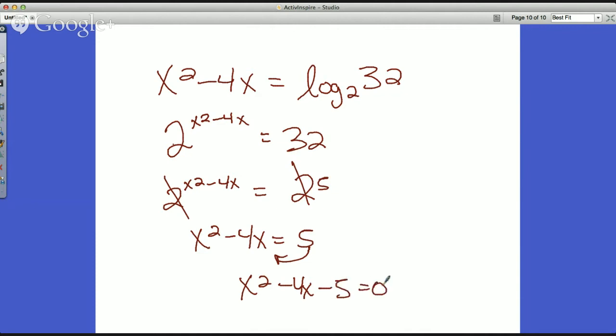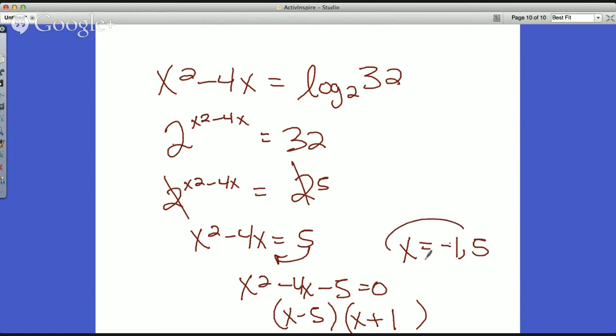What two numbers when multiplied equal negative 5, but when added get me to negative 4? Yep. x minus 5 and x plus 1. So what is x equal to? Negative 1 and 5. Very good.